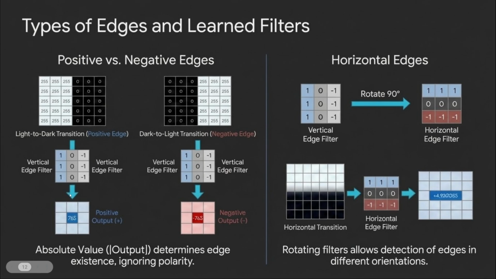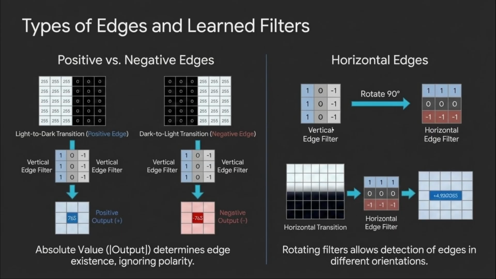This filter detects vertical edges. It compares the left side of the image with the right side of the image. If there is a strong difference between left and right pixels, the filter produces a large value. If we rotate this filter by 90 degrees, we will have a horizontal edge filter.